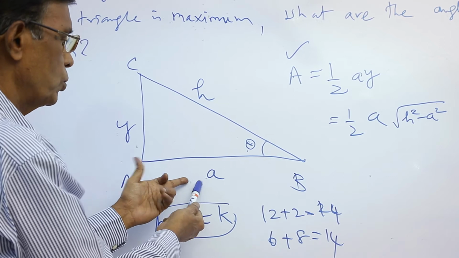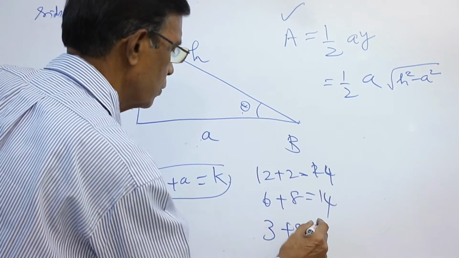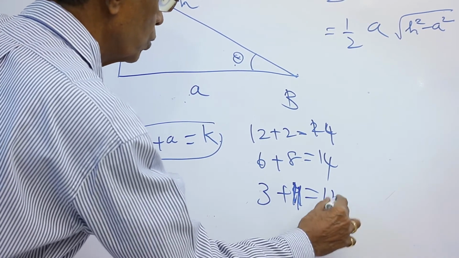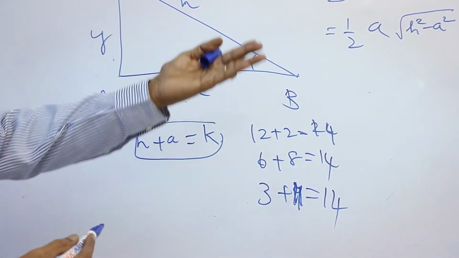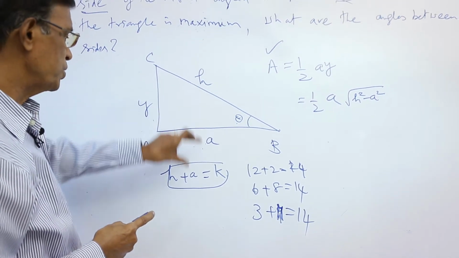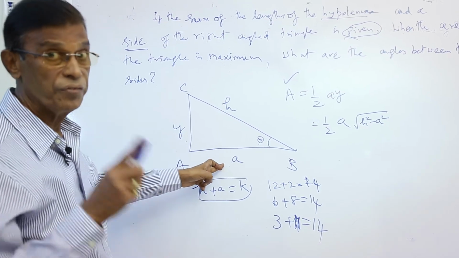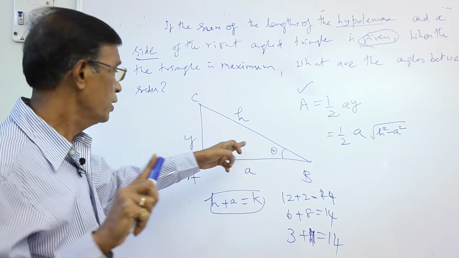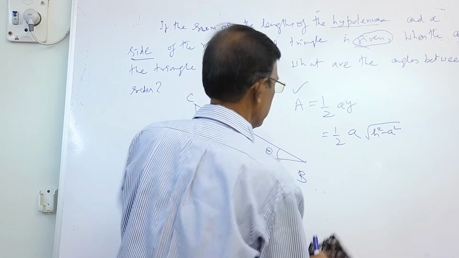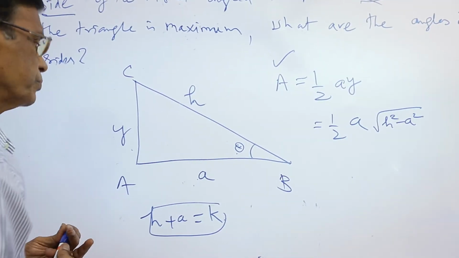So it may be 3 plus 9, 3 plus 11, that is your 14, like that it goes, is it not? So the addition is going to be constant, but A and H are variable, that is the most important thing, depending on theta. So I have just eliminated Y and I brought H squared.